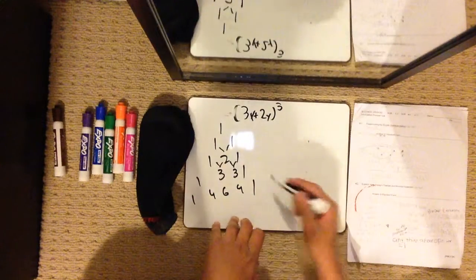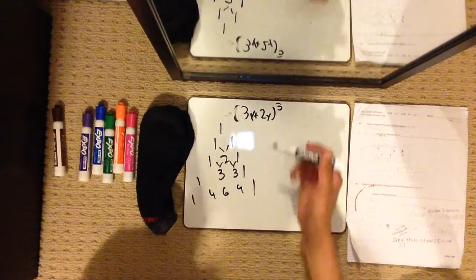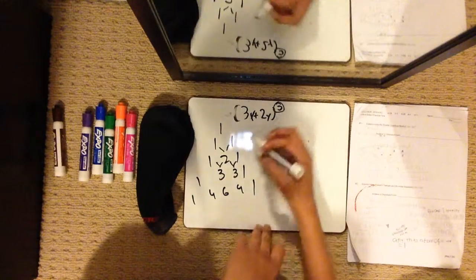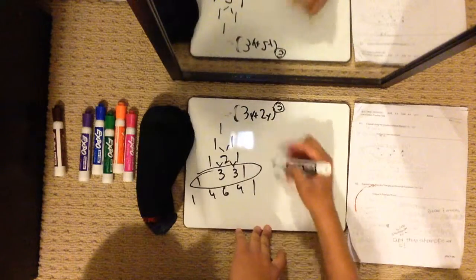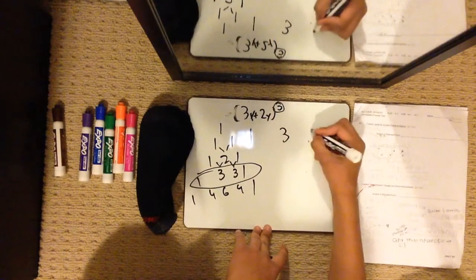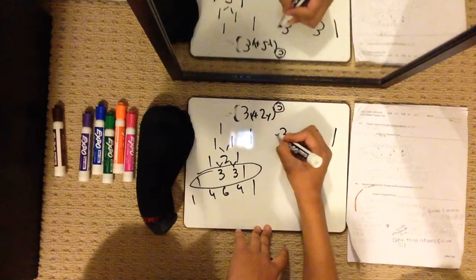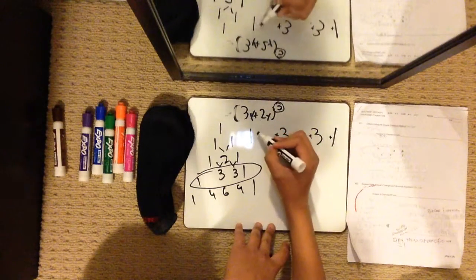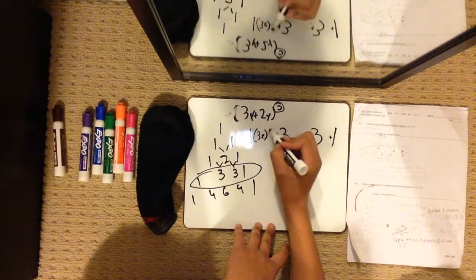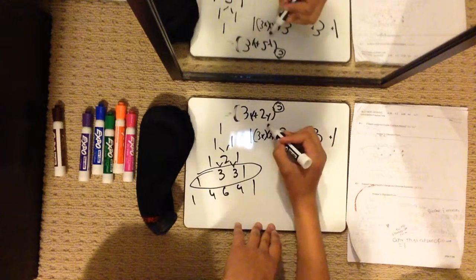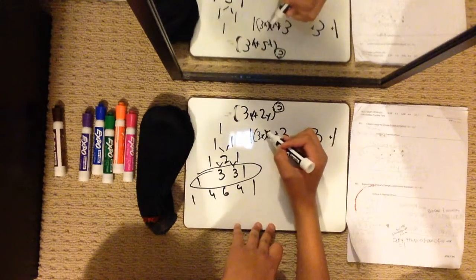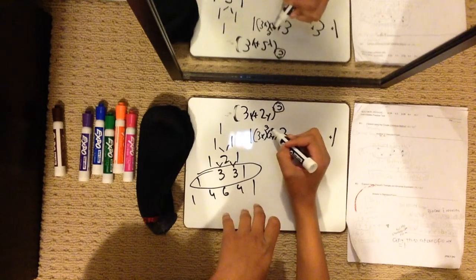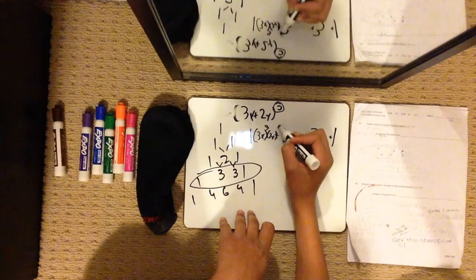So the way you're going to see which row you need is by the exponent in your problem. So if you see that it's 3 here, then you're going to be using the third row. You're going to get 3x and 2y in parentheses, and the x is going to start at the highest exponent, and then y will start at the lowest.